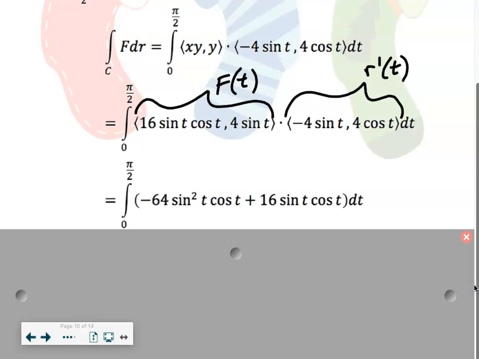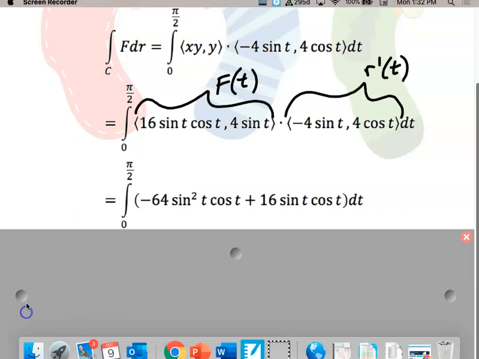I would do a u substitution on this. I would let u be sine t, so du is cosine t dt.